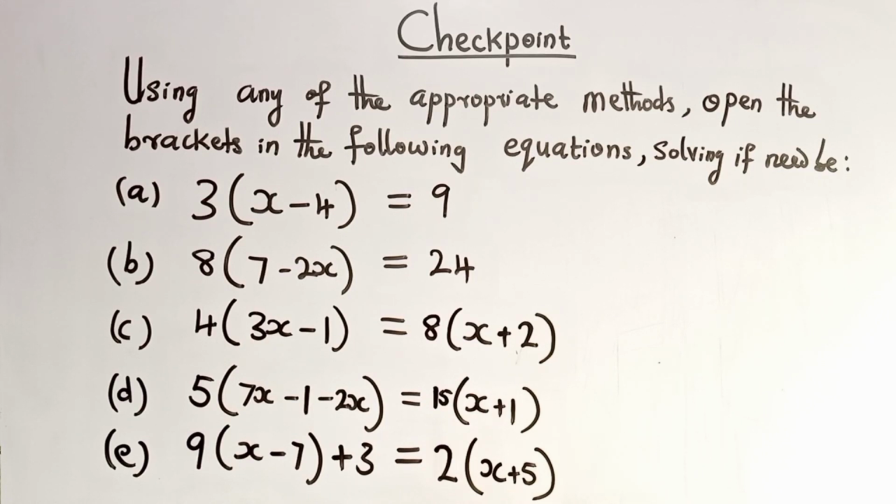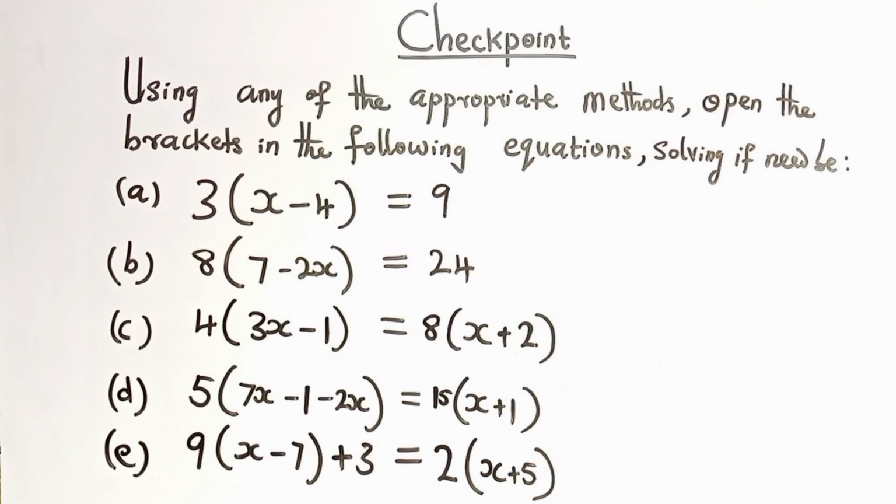Most of the time, it is easier and better to open the bracket by using the coefficient of the bracket to multiply the contents of the bracket one after the other if the other method fails. For instance, in numbers C, D, and E, we can't apply the method of dividing both sides by the coefficients because this time around we have 2 brackets.